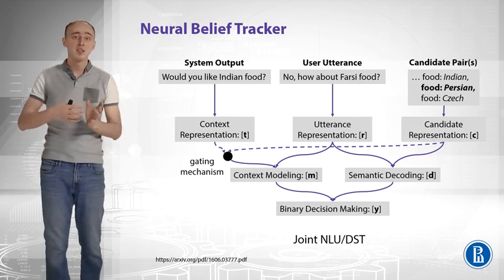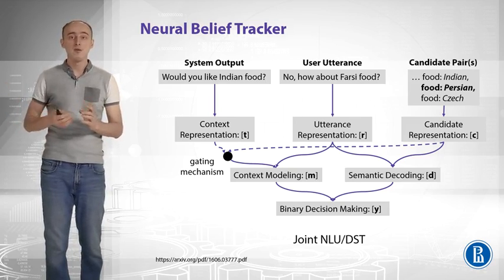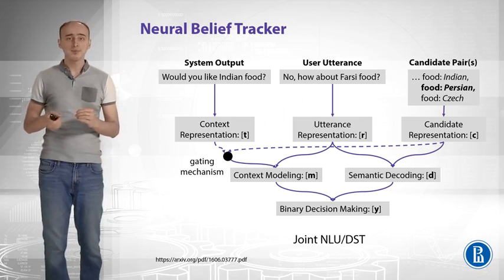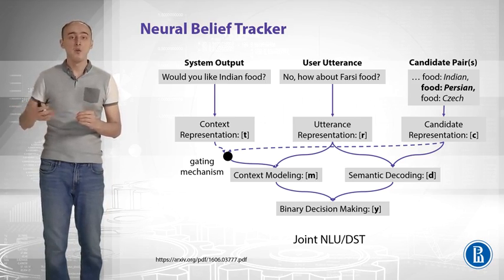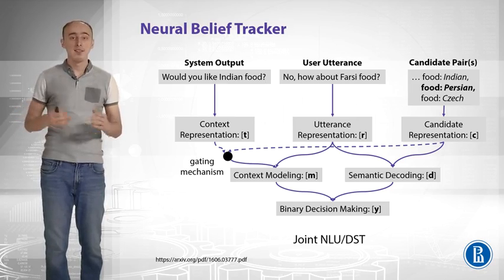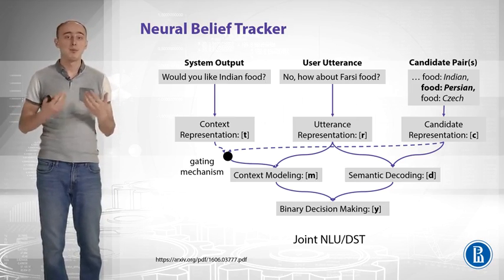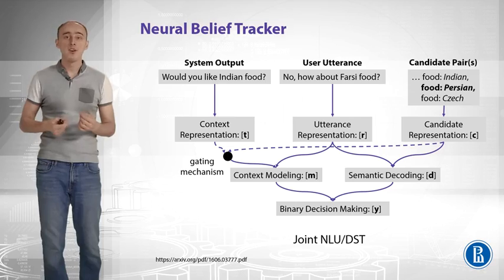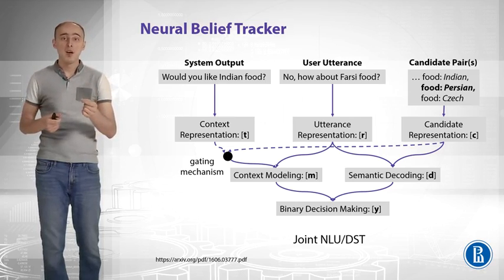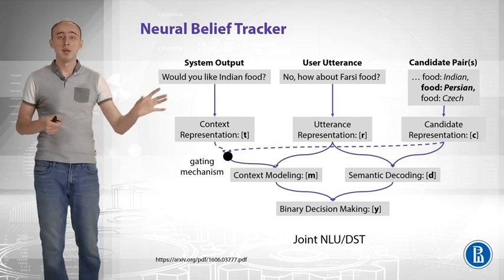It takes the user utterance and the candidate pairs for slot and values, and decides whether they match or not. And finally, we have a final binary decision on whether these candidate pairs match the user utterance, provided the previous system output was the following.